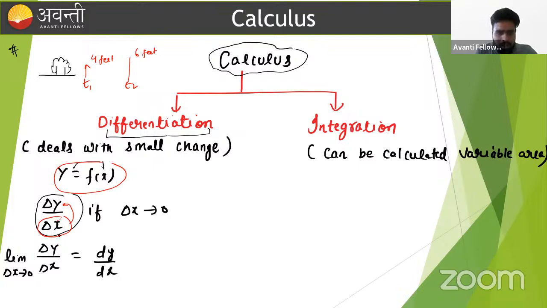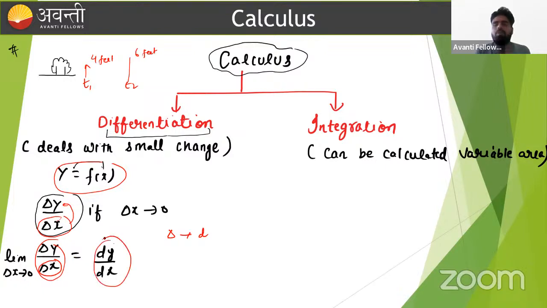If our change in x is very small, then this delta is replaced by the small letter d, and delta y upon delta x becomes dy by dx for very small change.